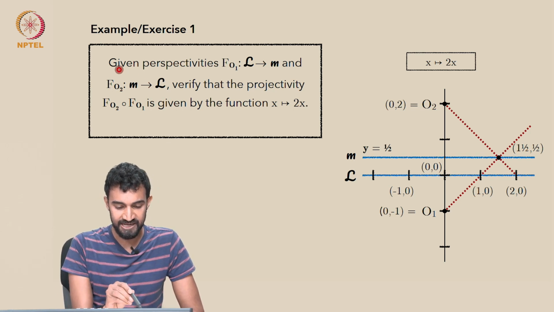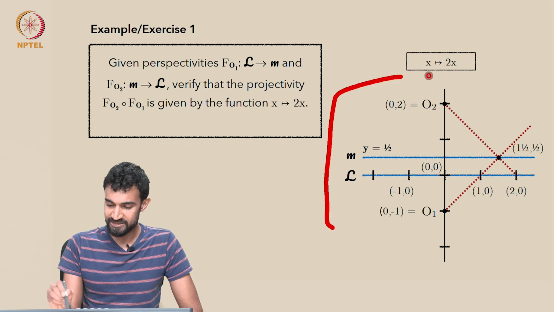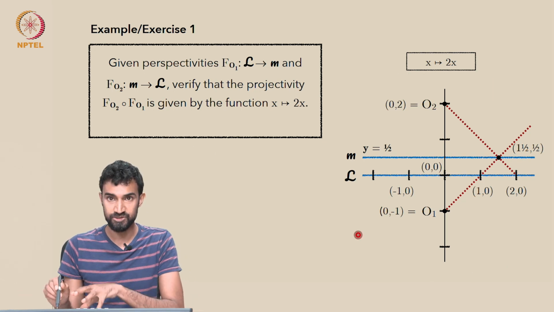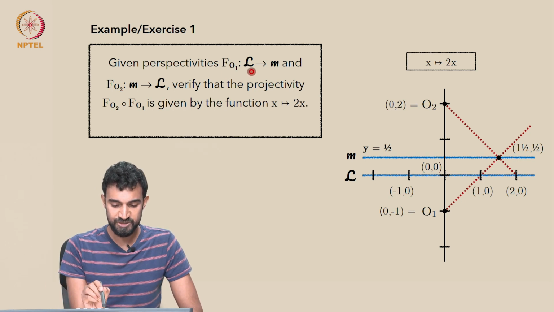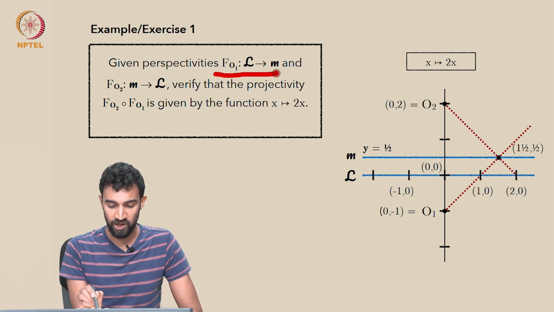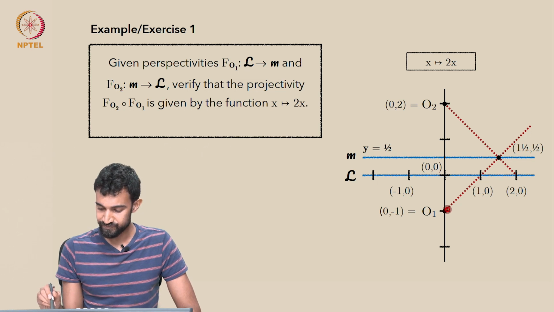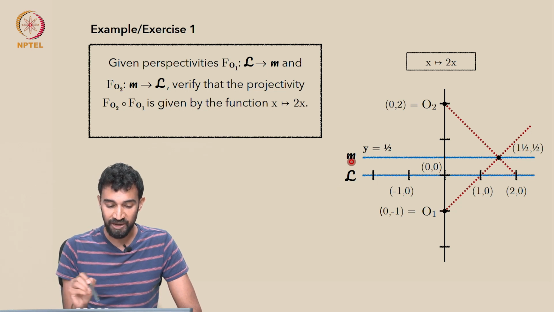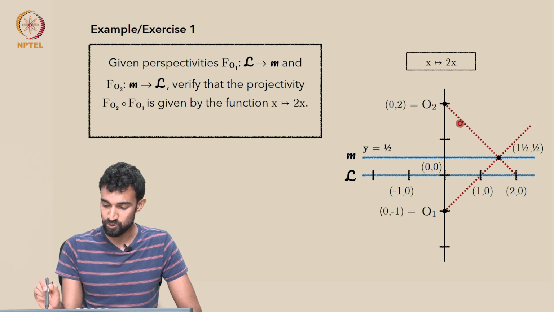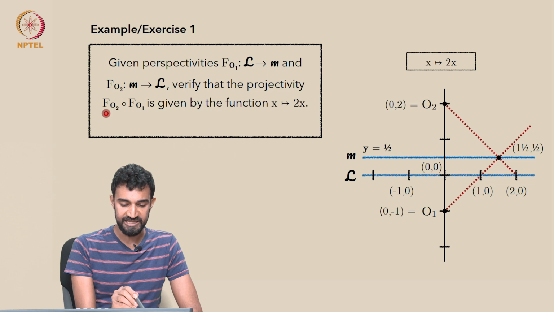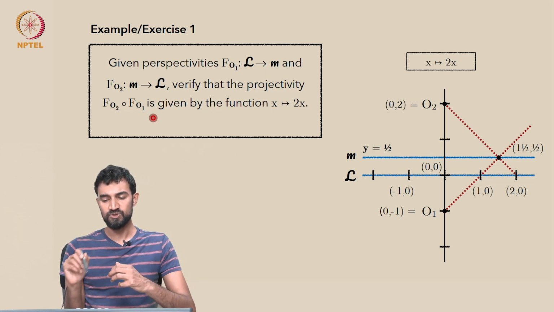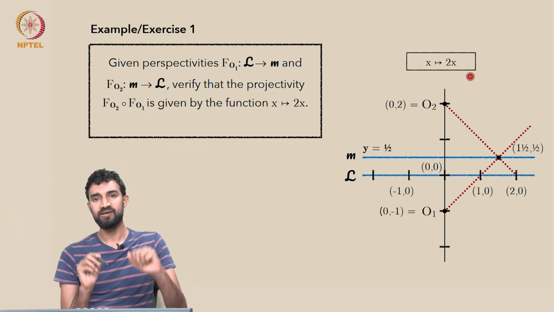Given this diagram here, which we'll look into more deeply in a second, the perspectivity F_O1, centered at O1, from L to M, followed by the perspectivity centered at O2 from M back to L, that composition gives you the function x goes to 2x.